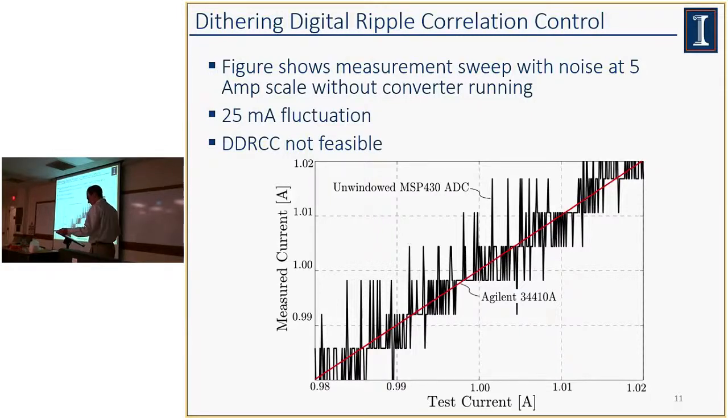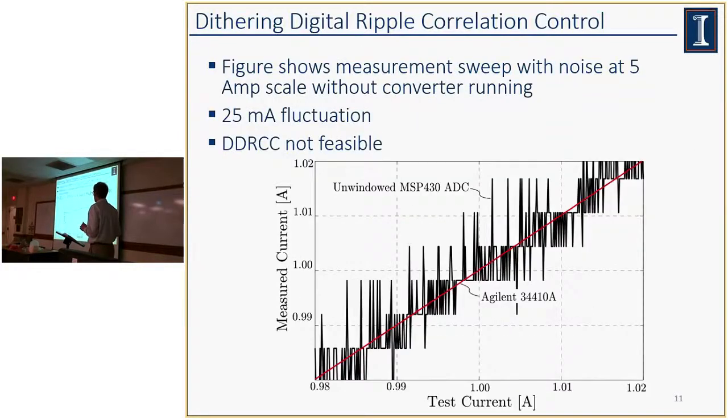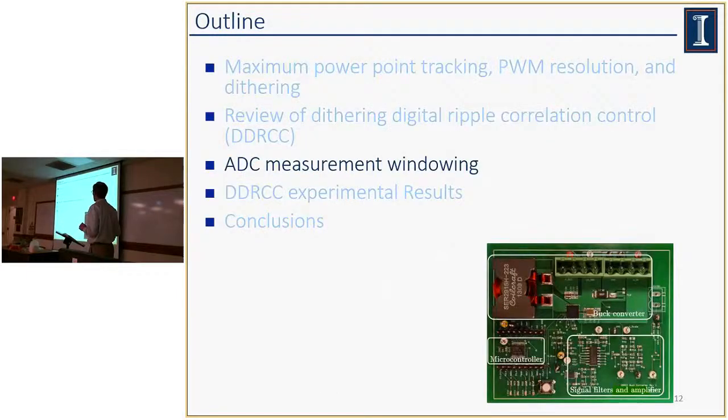So what we're going to do with this signal is take a smaller sweep of this full current range at a time. We're going to window our full current range into the microcontroller ADC.